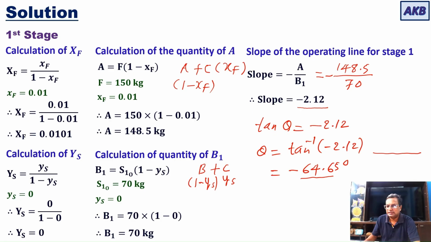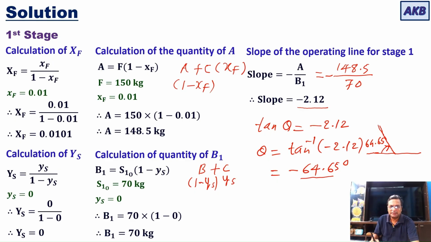So the angle made by the operating line with the horizontal, you have to measure it in a clockwise direction. So you'll be measuring it like this, and the angle in this case is 64.65 degree. The negative sign indicates that you have to measure it in the clockwise direction. So this would be the operating line in this case.